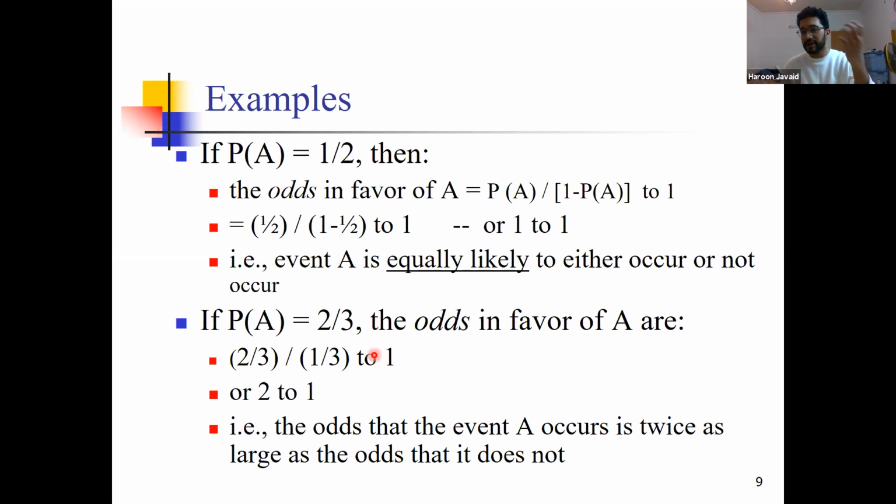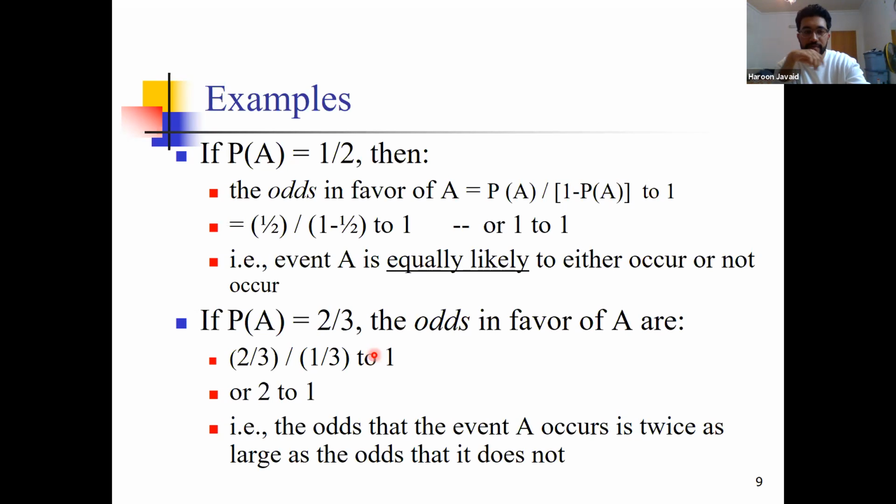So if something is going to occur versus the chances of it not occurring, when we combine both of these, we call it odds. What are the odds of this specific event occurring relative to its odds of not occurring? Does that make sense? Basically we're taking one event and comparing it with its complement, okay?